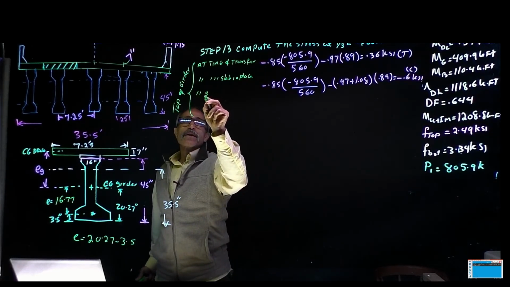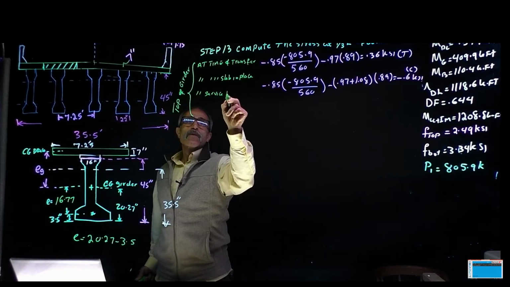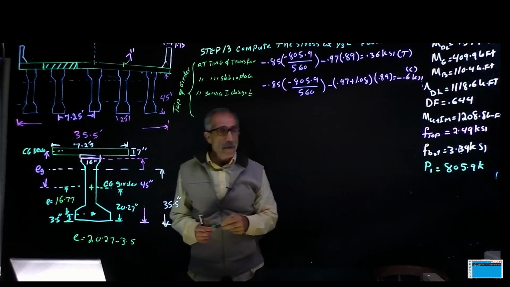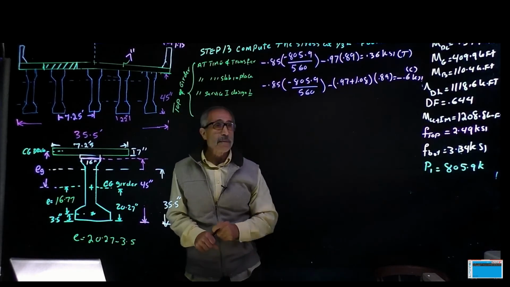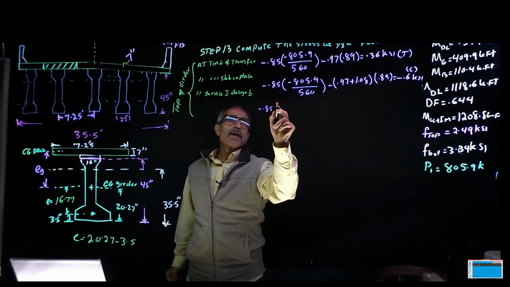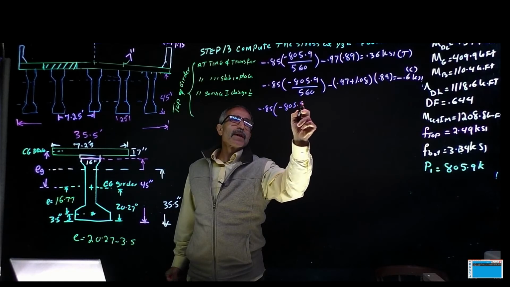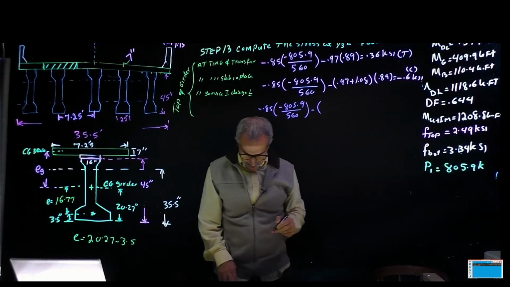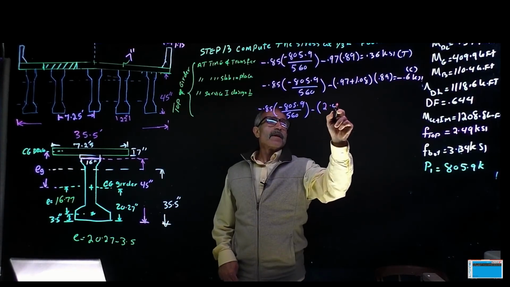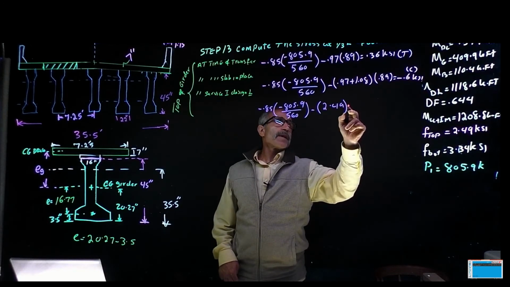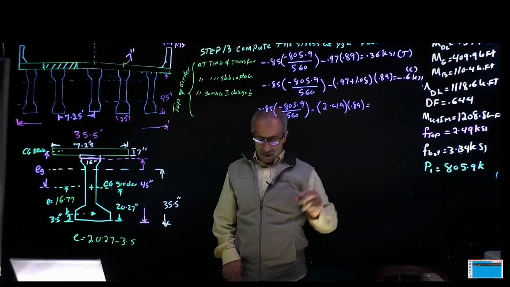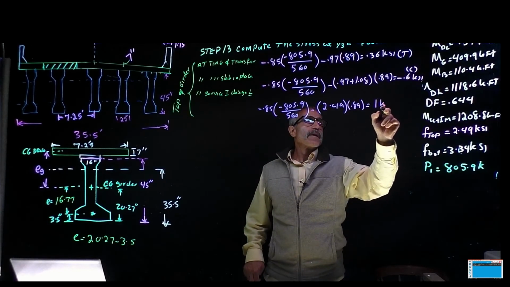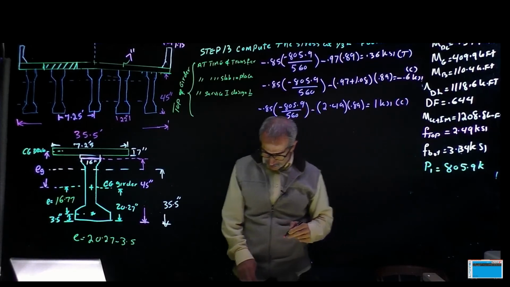At service 1 design load, that's going to become the same thing, minus 0.85 times minus 805.9 divided by 560 minus 2.49, times 0.89, and that is equal to 1 KSI compression, which is negative anyway. We're just going to say it's compression. That's what we have in there.